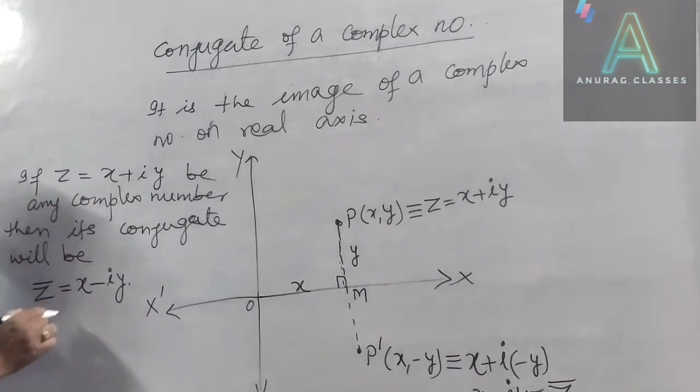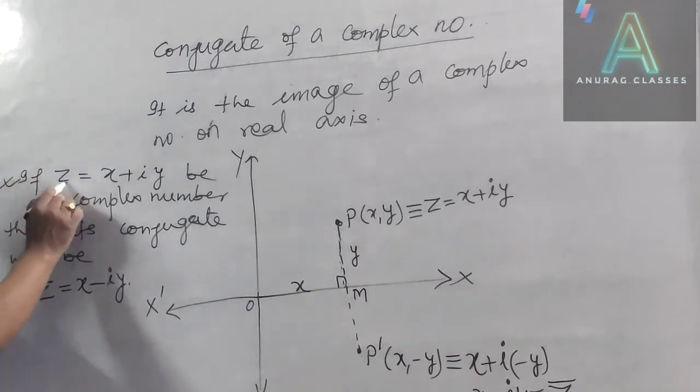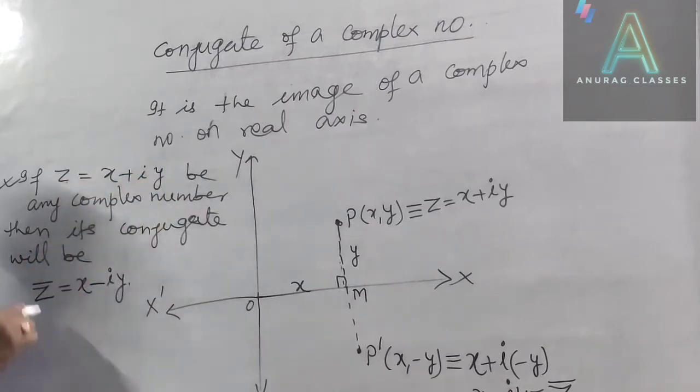So you have to remember that if z is equal to x plus iota y is a complex number, then its conjugate is x minus iota y. Let us take an example.